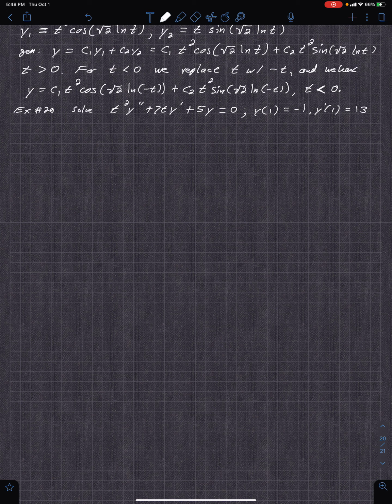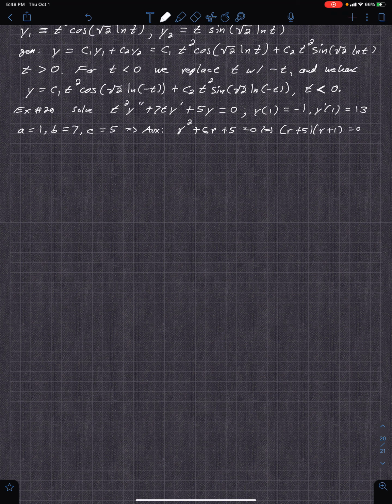All right, so let's read off for A, B, and C. So A is 1, B we can see is 7, and C is 5. So then we put that into the auxiliary equation. It ends up being r squared, just work this out, plus 6r plus 5, same as above, equals 0. So we factor that. It's r plus 5, r plus 1.